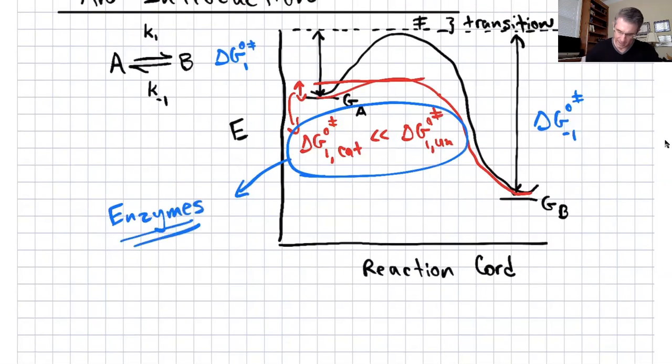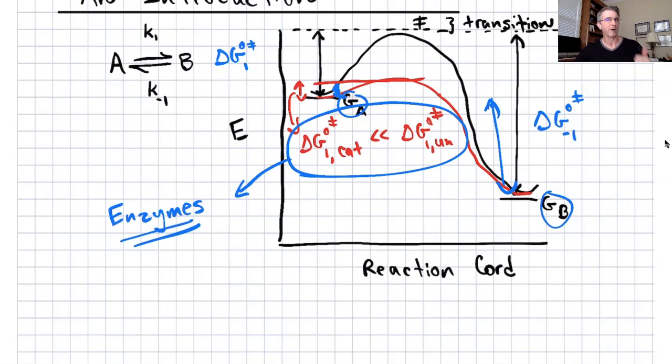What they provide is that reduction in the transition state free energy barrier that, remember, doesn't just make the forward reaction go faster, it also makes the reverse reaction go faster. But if this barrier here is a lot smaller than this barrier here, and the free energy difference between the reactant and the product state is balanced this way, you're going to get to equilibrium faster. And with that free energy difference between B and A, you're going to make B.